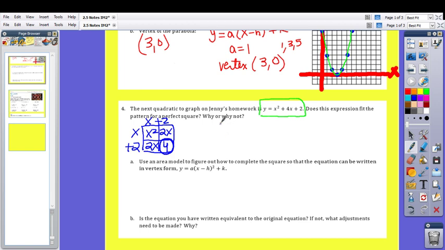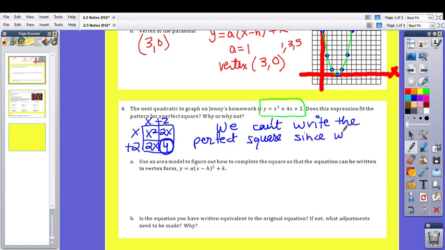So we will say we can't write the perfect square since we have 2 as a constant, not 4.